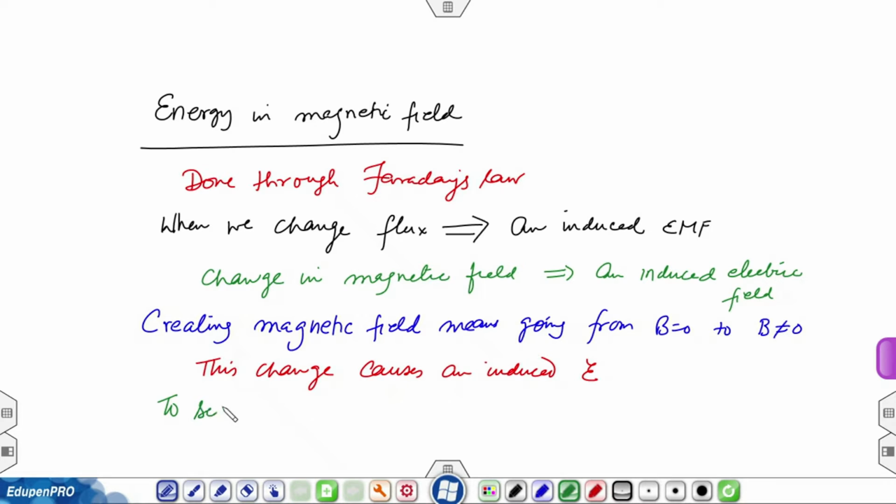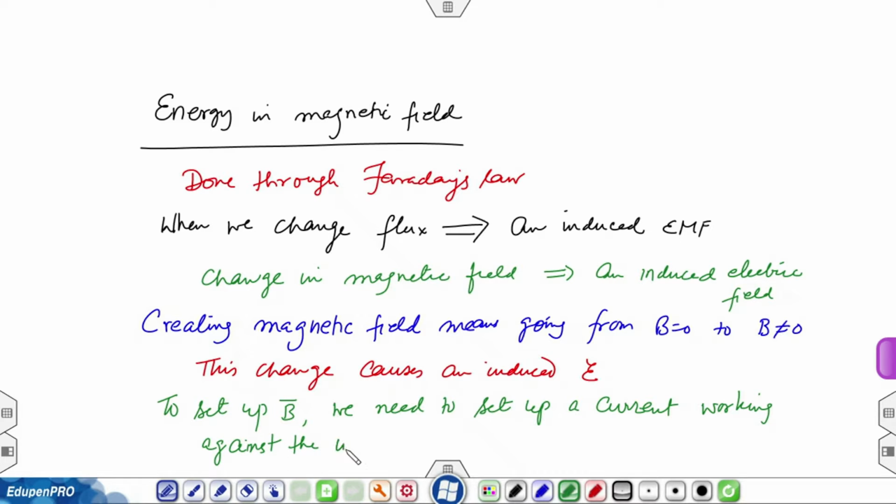To set up B, we need to set up a current, and this current is, when we set it up, working against the induced E, and the work done gets stored in B field.